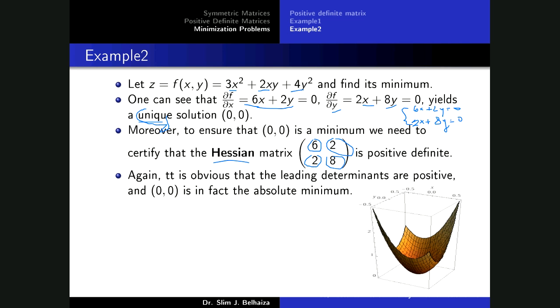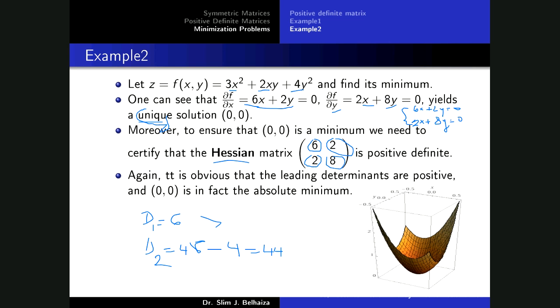So you get 6, 2, 2, 8. What are the leading determinants here? The first one, d1, is 6. And the second one, d2, is the whole determinant of the Hessian matrix, which is 48 minus 4, so it is 44. Both of them are positive.